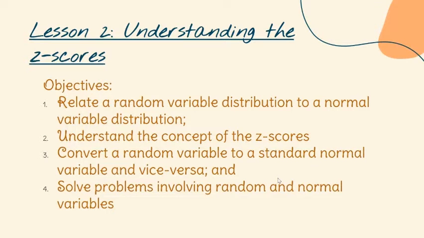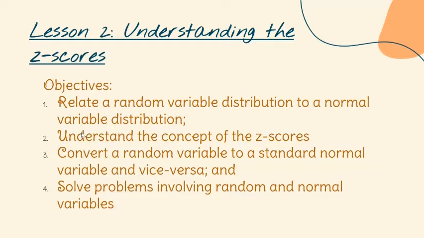In our previous lesson, which is understanding the concept of a normal curve, we learned the basic concepts about normal distribution and its importance in statistical inference. We further learned its properties and calculated probabilities using the normal curve table. So in our lesson, we're going to understand the z-scores.